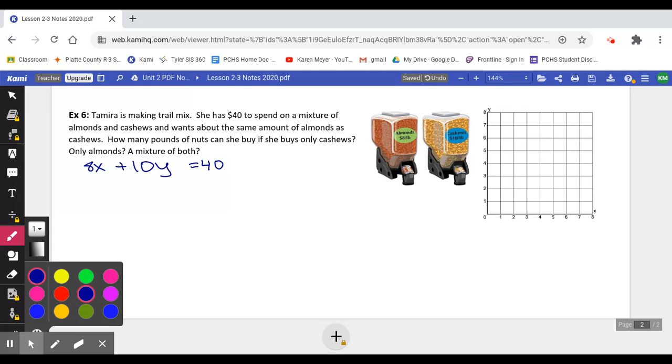Okay, we also want to make a graph. Does everybody see the graph off to the side? So let's start with making the graph, and then we can answer our questions after that. So to graph, remember, find the two intercepts. So if I want to find the x-intercept, plug 0 in for y. So then you're looking at 8x equals 40, divide, and you get x to equal 5.